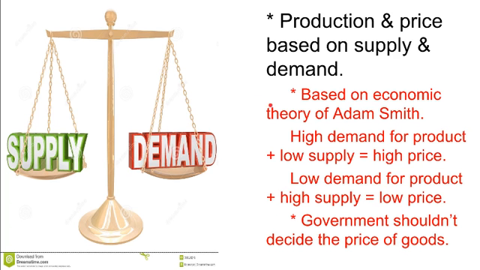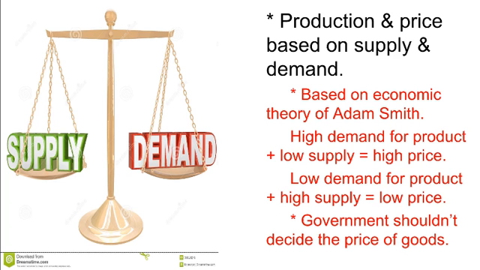And what determines price is supply and demand, the law of supply and demand. It's an economic theory created by Adam Smith. And he says that when there are lots of goods but not enough demand, then the price has to drop. So let's say I have 100 shoes to sell, but in the city that I live in, I only have 20 customers.